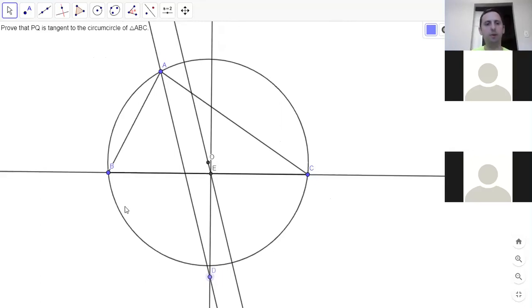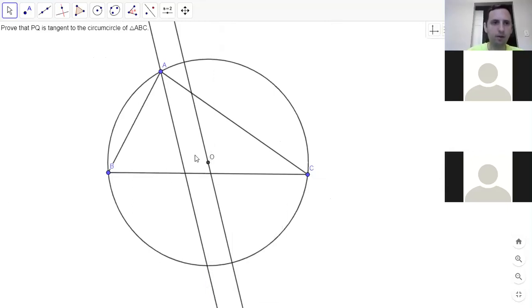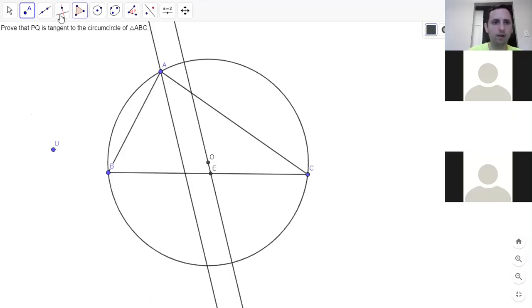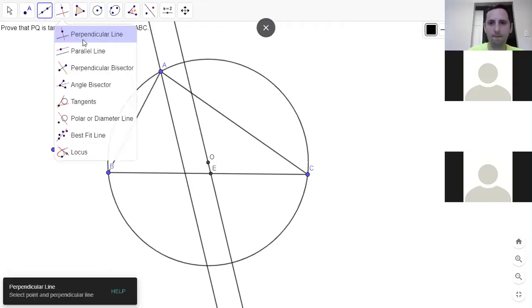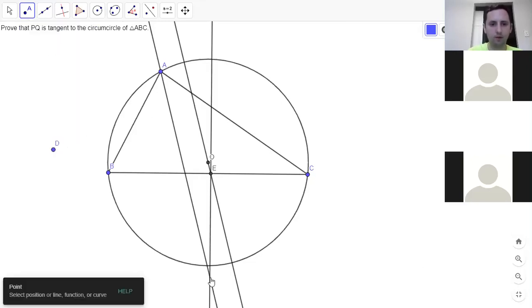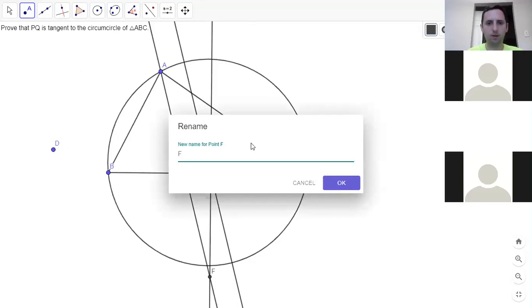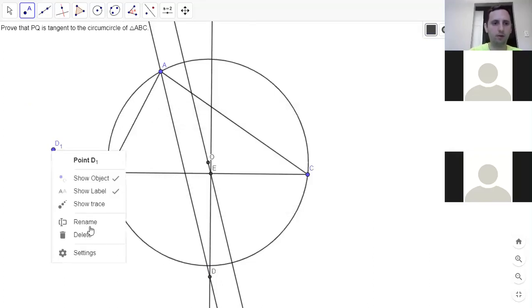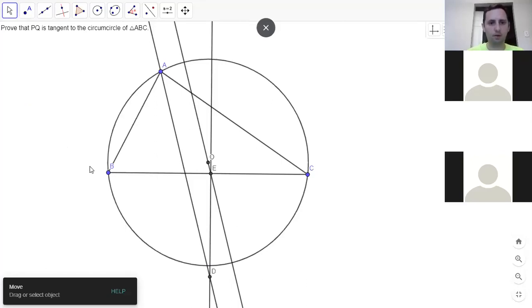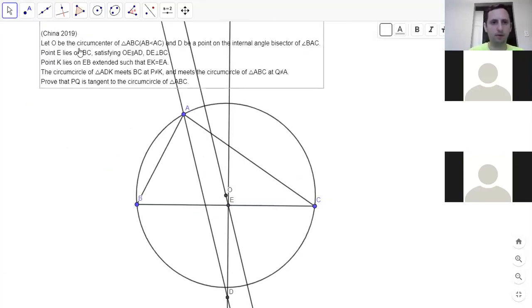So yeah, I mean, really we should. So I'll just do it like this. I'm going to delete point D for now. I'm just going to call this E, and then drop the perpendicular. So like that, I think, right? Yeah. All right. Let me minimize it a little.